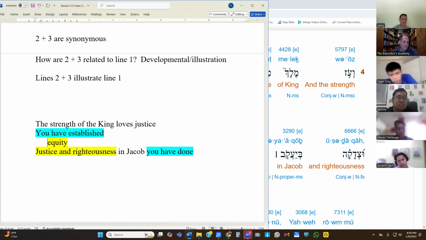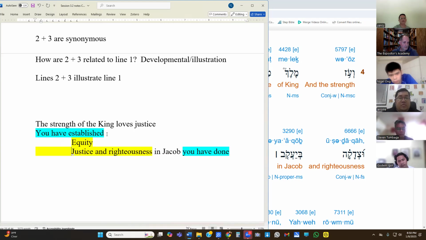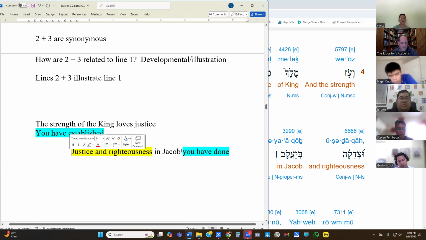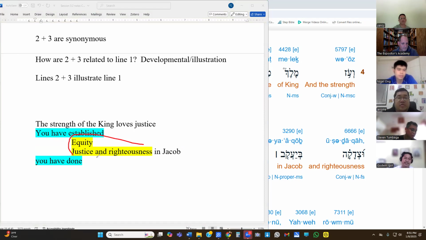So this is what we have. You have established equity, justice and righteousness in Jacob you have done. So what's he emphasizing here? I really gave you a fun one, Jerome, and all kinds of neat stuff in this one.